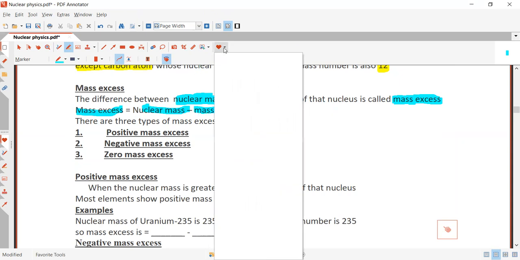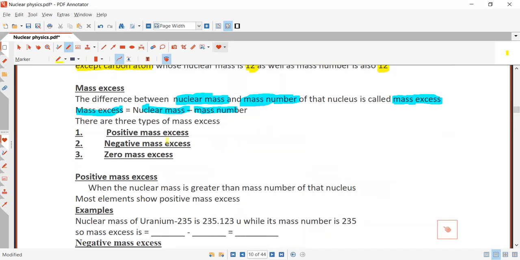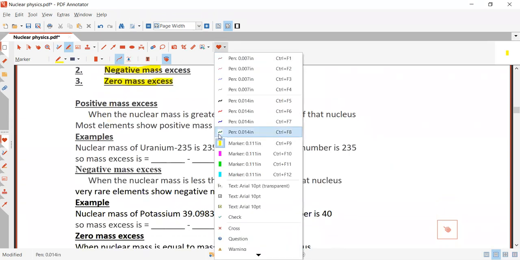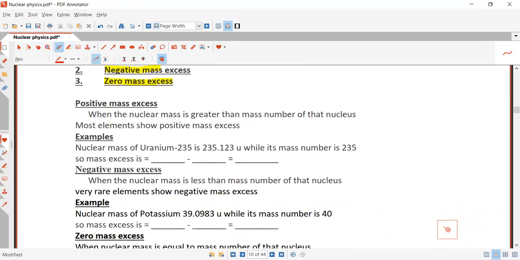And there are three types of mass excess. First is positive mass excess, second is negative mass excess, and then zero mass excess, right? So let's talk about positive mass excess, like this example, uranium. Uranium nucleus mass is 235.123, while its mass number is 235.